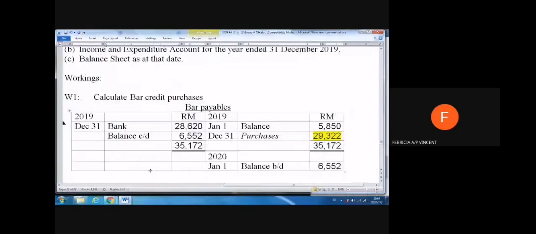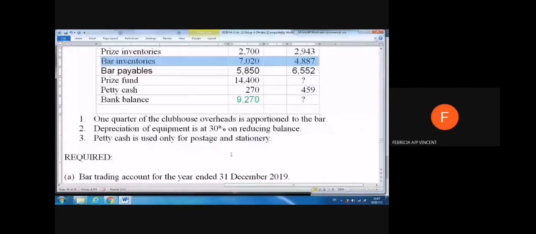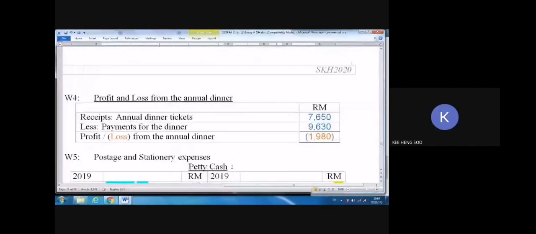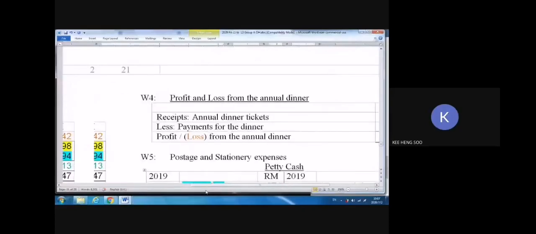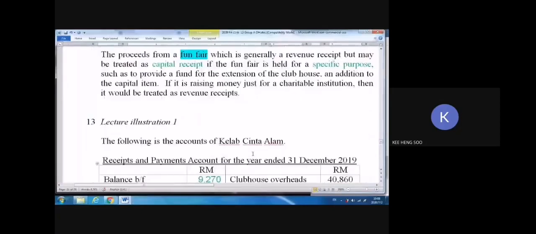In the bar trading account, see opening inventory and closing inventory. You are referring to these two? Bar trading account, opening inventory and closing inventory are here.